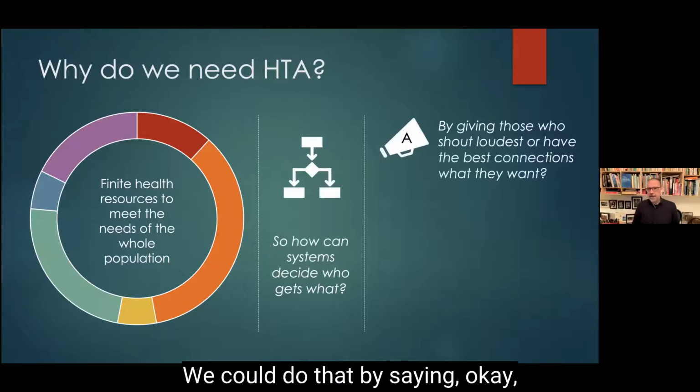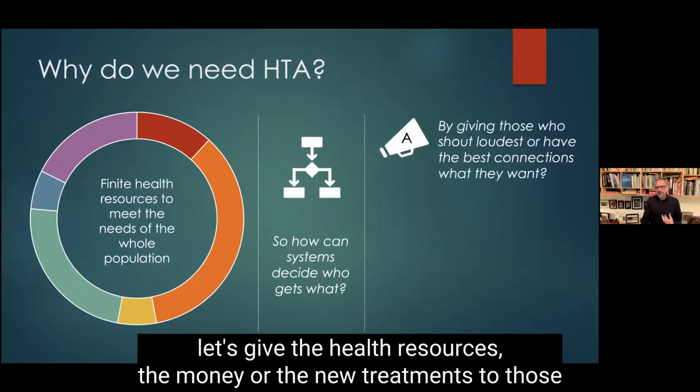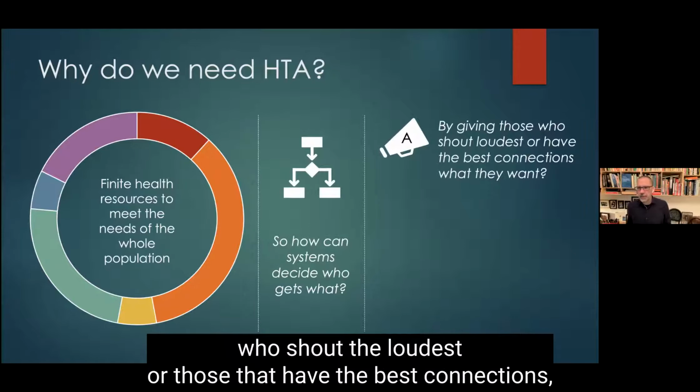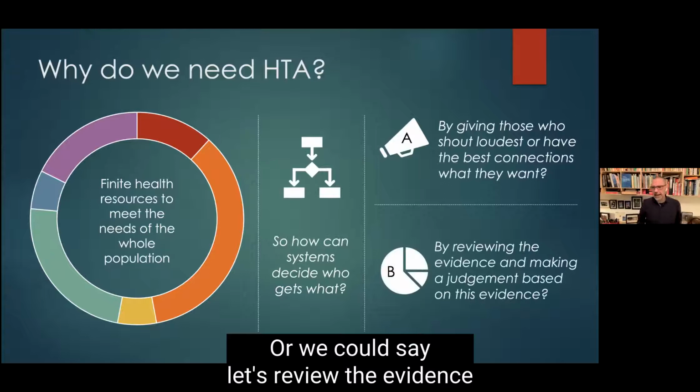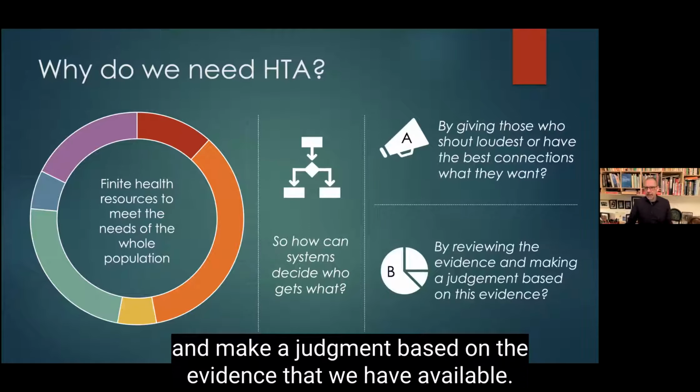So they could do that by saying, okay, let's give the health resources, the money or the new treatments to those who shout the loudest, or those that have the best connections. Let's give them what they want. Or we could say, let's review the evidence and make a judgment based on the evidence that we have available.